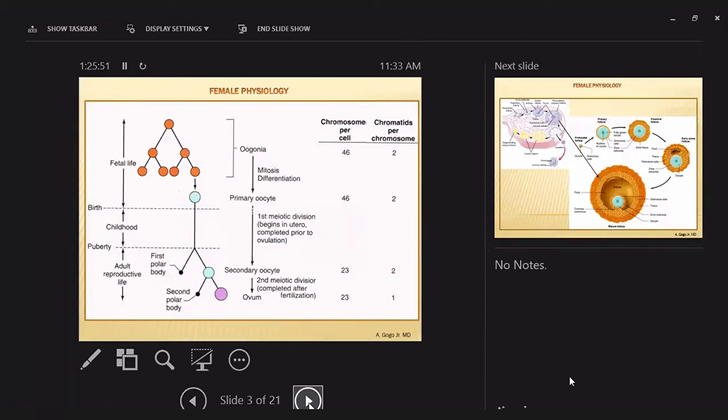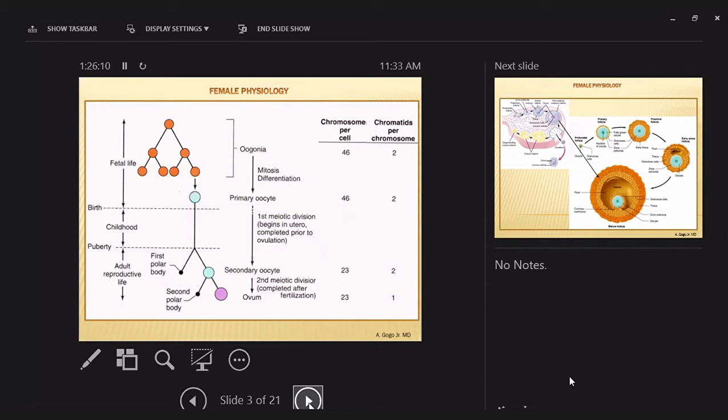Like the male, the female also will undergo mitosis and meiosis in its journey to become an ovum.